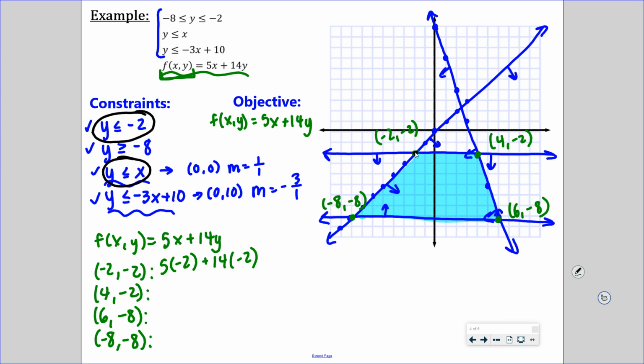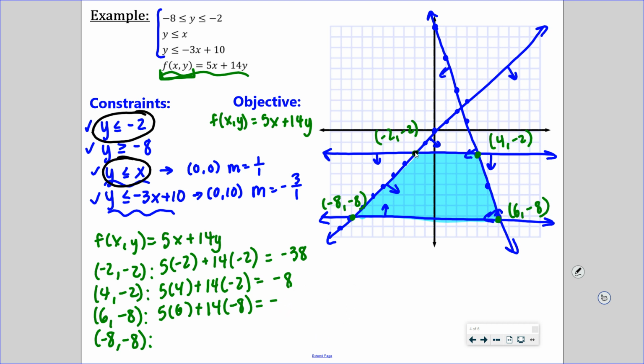My first example, I plugged -2 in for x and for y. To save you some time, I got -38. Next I'm going to plug 4 in for x, -2 in for y, and I got -8. Next one, 6 in for x, -8 in for y, I got -82.